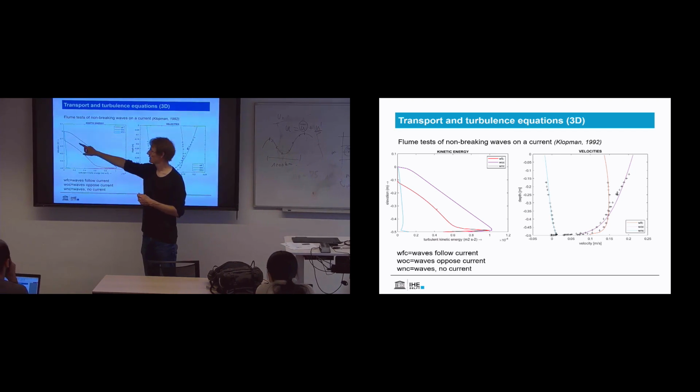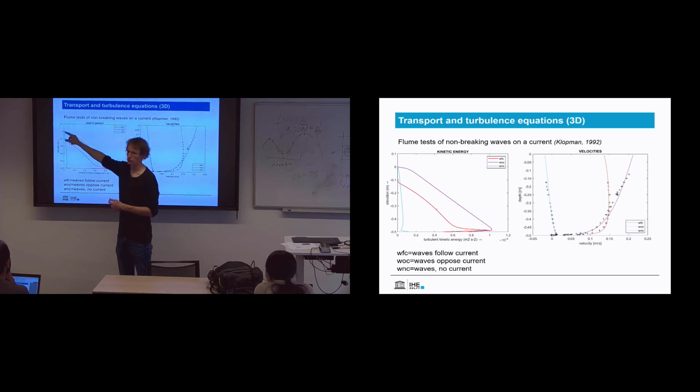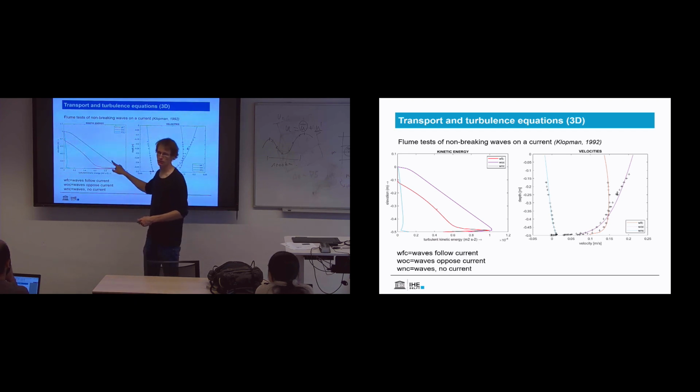So the reason for that is that at the top you have a water surface, so there's no velocity at the water surface, right? Or above the water surface. So there it's zero. In the water column itself, there's no wave contribution, because there's no wave breaking and there's hardly any friction. So let's say there's no wave contribution.